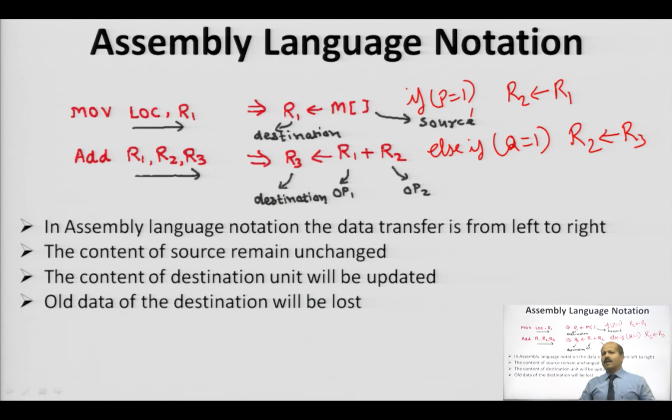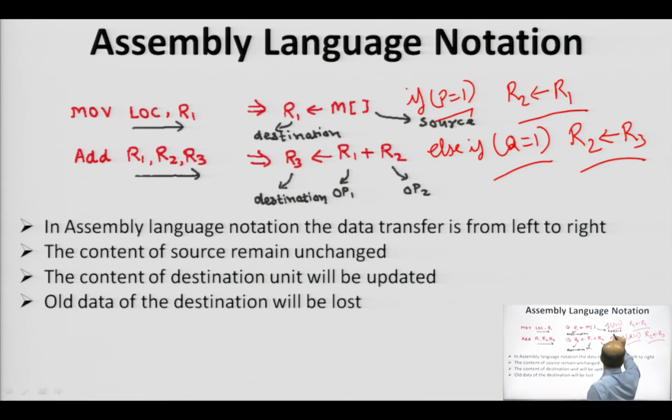Multiple transfer operations can also be represented using this language. How can this be represented? In this case, two control signals are used. The P control signal is used to control this operation, and Q is used to control this operation. How can this take place in the system? How will you write the control statement for this?